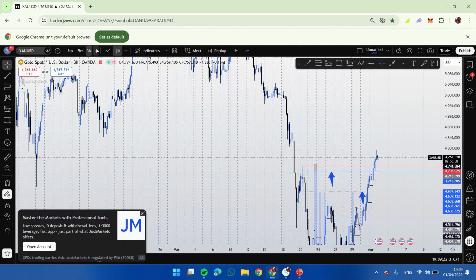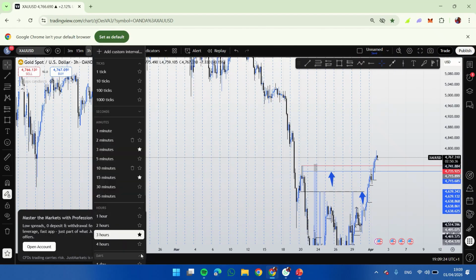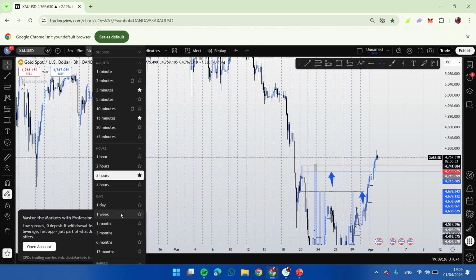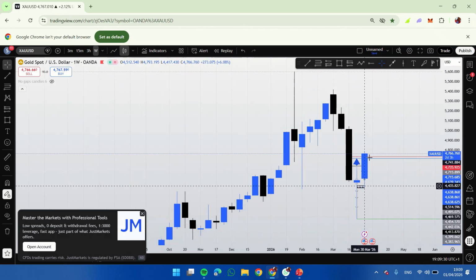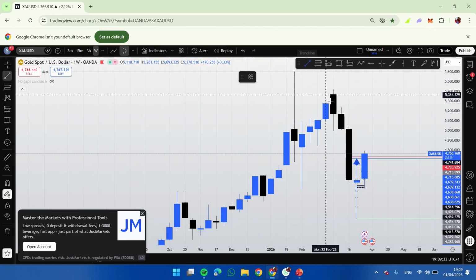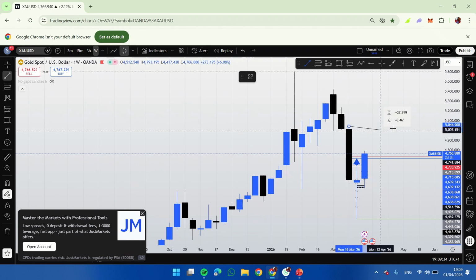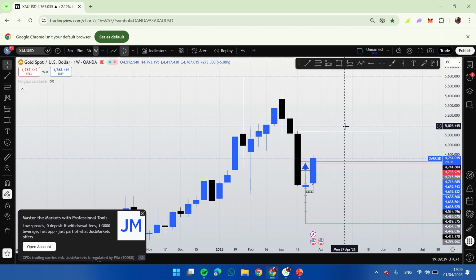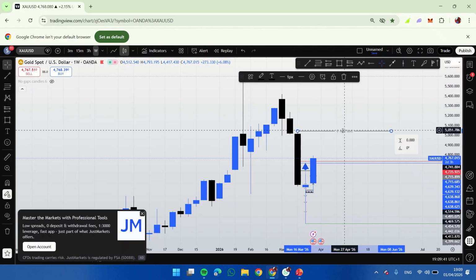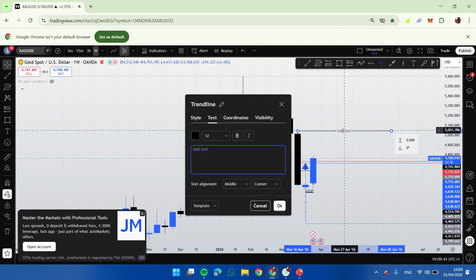And if you remember the top-down analysis I did on the weekly time frame, I told you that since there's a liquidity gap here, there's a zone that will be taken here, right? So let me just mark this as X. This is where price is targeting.